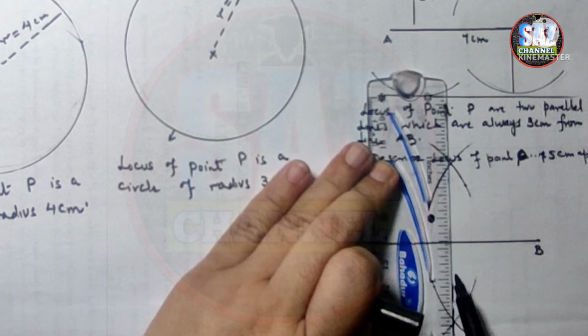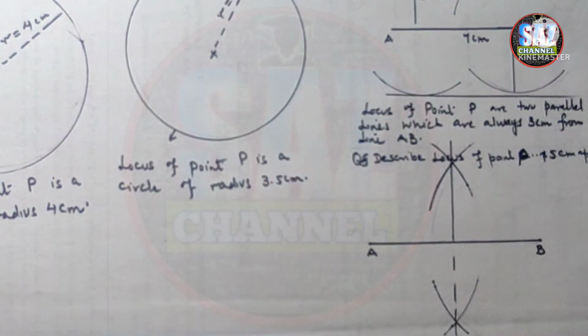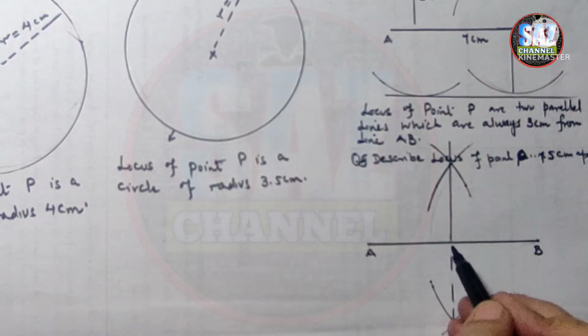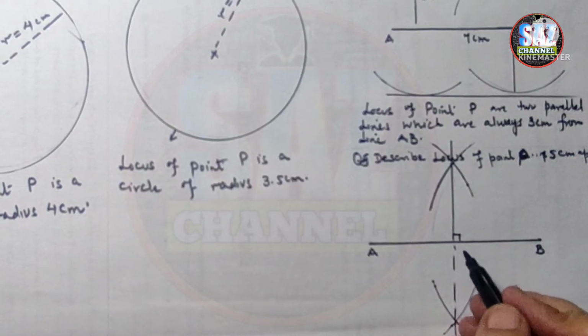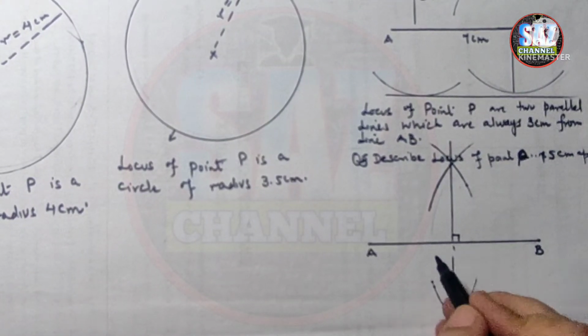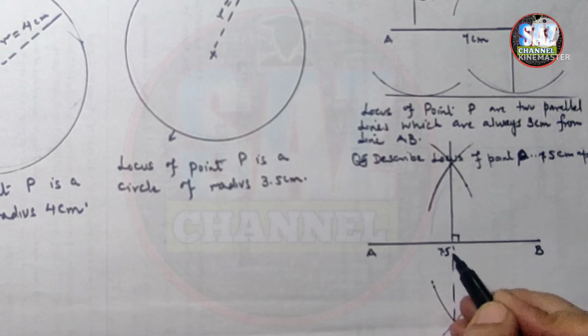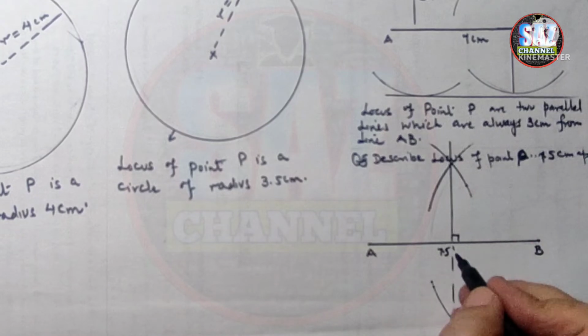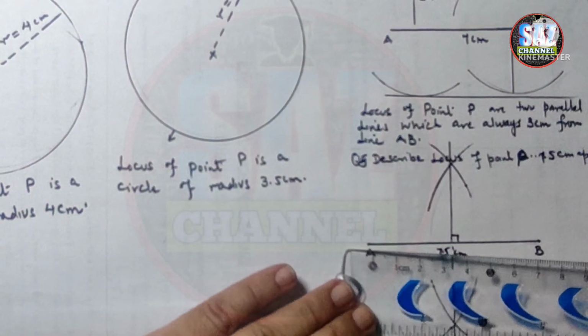So, this has to be like this, and this will be making a 90-degree angle, and the total length is 7.5 centimeter. Let me write it at the middle. And now as this is a perpendicular bisector, what is the role of the perpendicular bisector? It divides the baseline into equal halves.